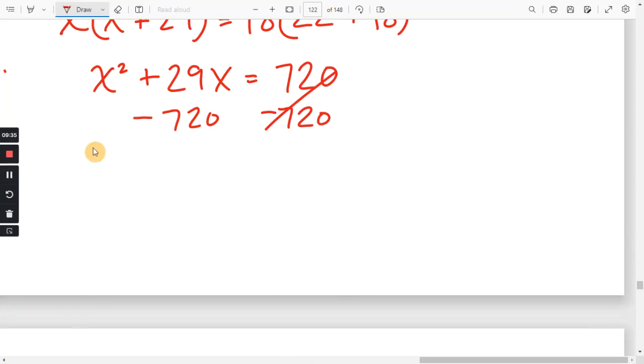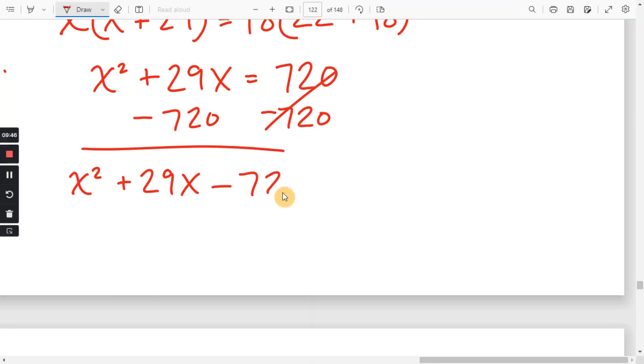All right. X squared plus 29x minus 720 equals 0. Let's see if we write out the factors for 720. This is a tough one. It's actually negative 720.